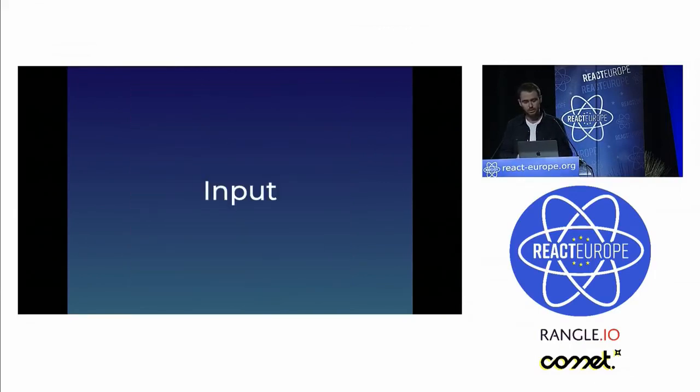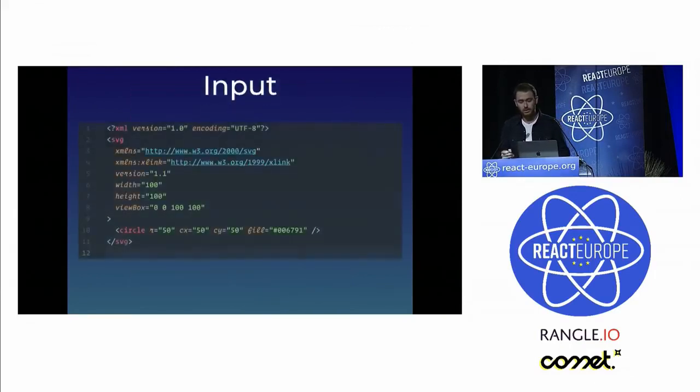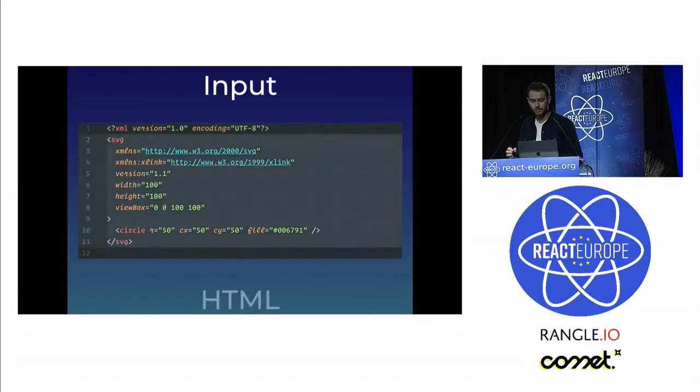The input, in my case, was an SVG file. An SVG file is just a piece of XML code. But in fact, if you remove the first line, this is mostly HTML. You can inline SVG into an HTML page, and it will just work. So my input is just HTML.